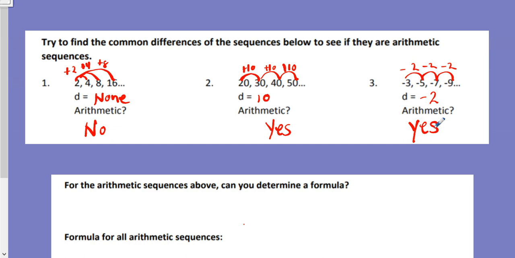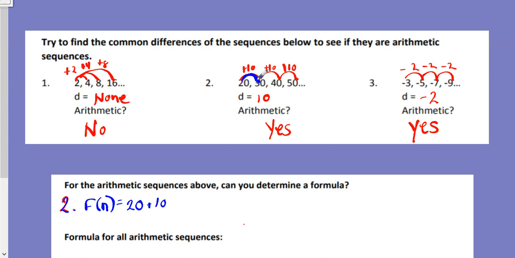So for the arithmetic sequences, can we determine the formula? Well, number 1, we can't. But number 2, let's use our function notation. So f of n, my first term is 20. And from that first term, I know I'm adding 10 each time.